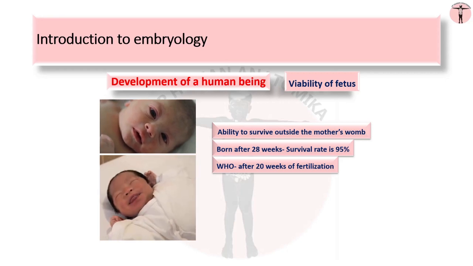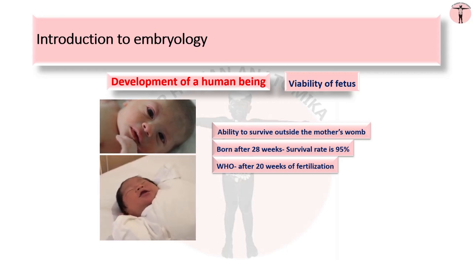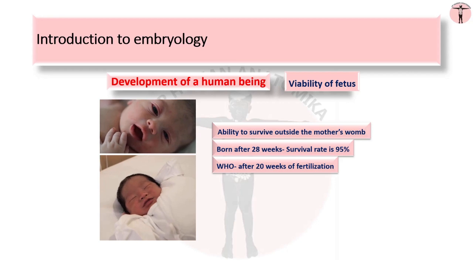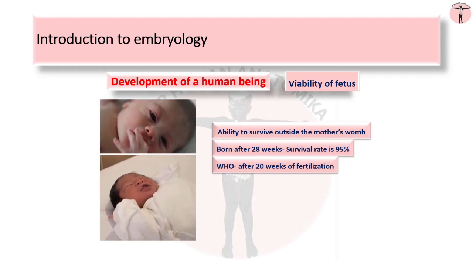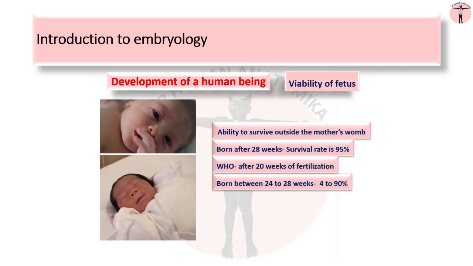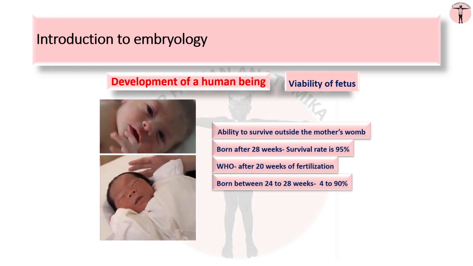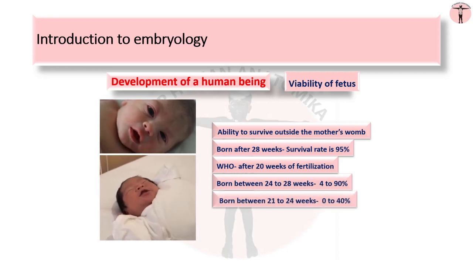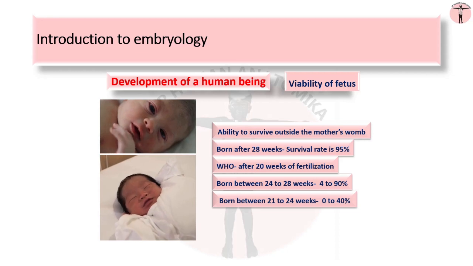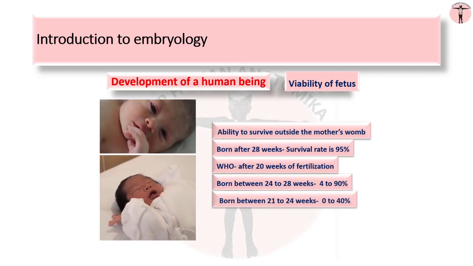Their lungs, heart, and brain are not ready for them to live outside the womb without intensive medical treatment. If the baby is born between 24 and 28 weeks, the survival rate is 4 to 90%, and between 21 and 24 weeks, it is 0 to 40%.